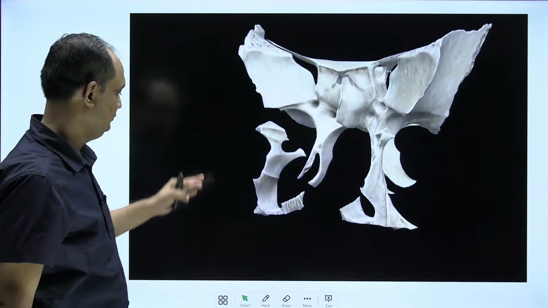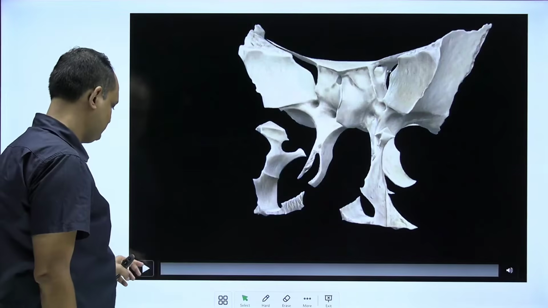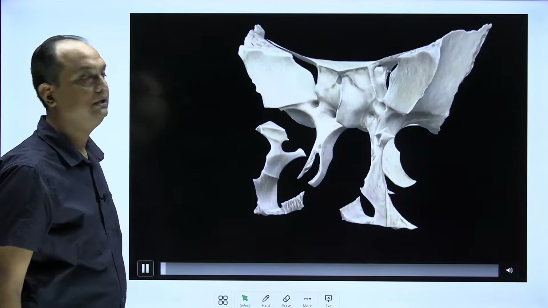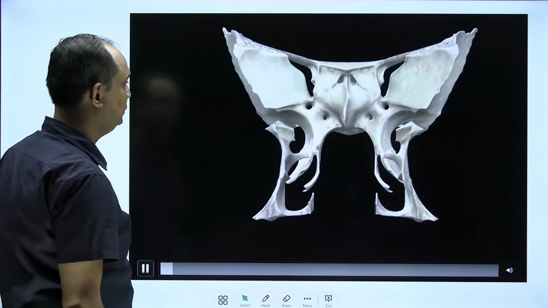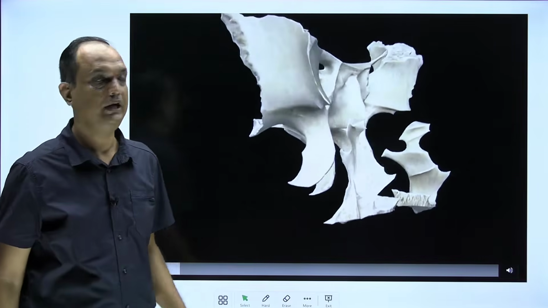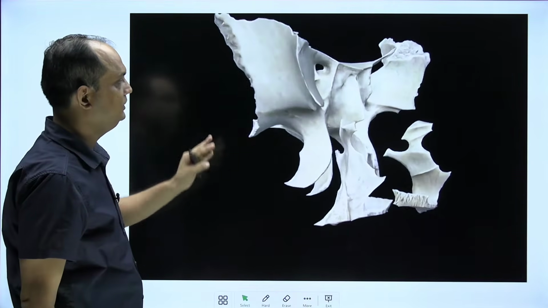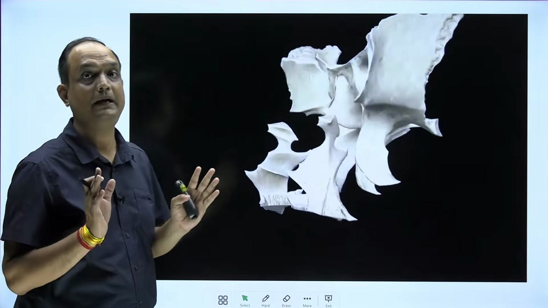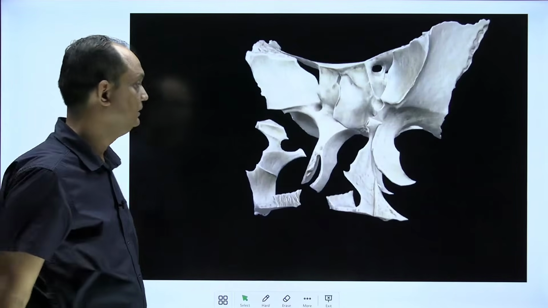Now here you can see the placement I just told you about, the articulation of the palatine bone and the sphenoid bone. Here you have to concentrate on how the perpendicular plate articulates with the sphenoid bone.